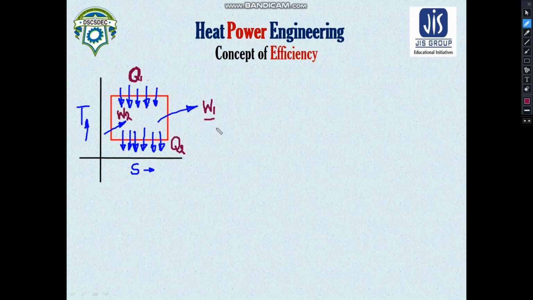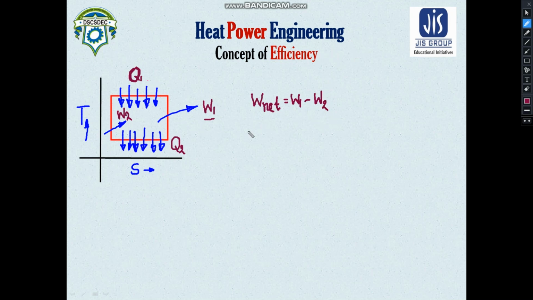It is transferring W1 amount of work. But during the completion of this thermodynamic cycle, it is also consuming the work W2. So what is the net work? If the system is generating the work W1 and consuming W2, then W net would be simply W1 minus W2, because W1 is the work being produced and W2 is the work being consumed.